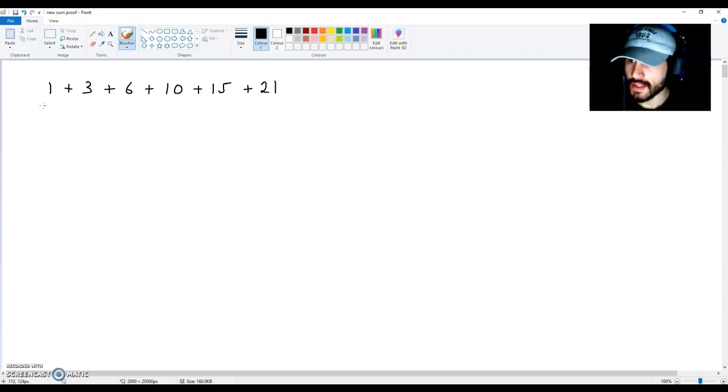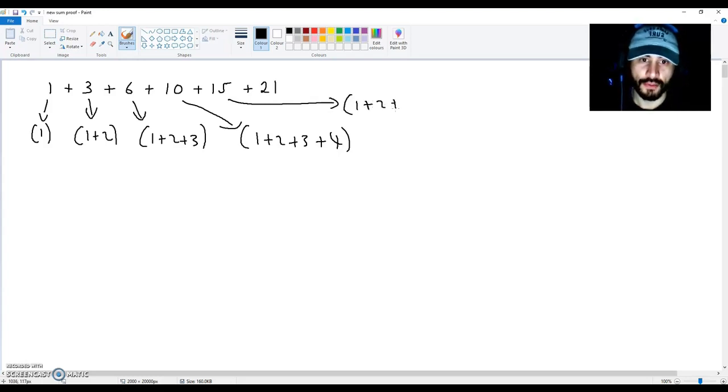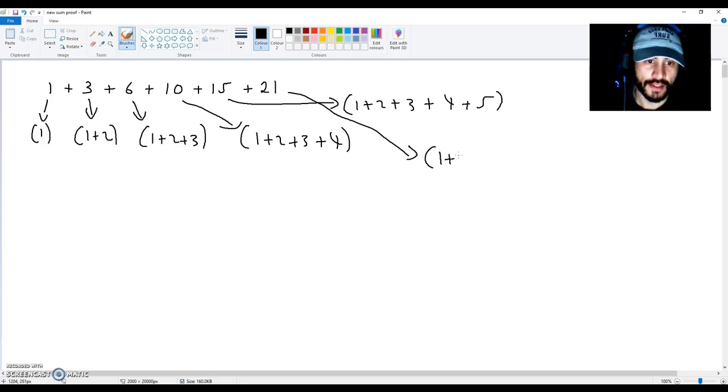Well, this 1 over here is just 1. 3 is in fact 1 plus 2. 6 is in fact 1 plus 2 plus 3. 10 is in fact 1 plus 2 plus 3 plus 4. 15 is in fact 1 plus 2 plus 3 plus 4 plus 5. And 21 is in fact 1 plus 2 plus 3 plus 4 plus 5 plus 6.